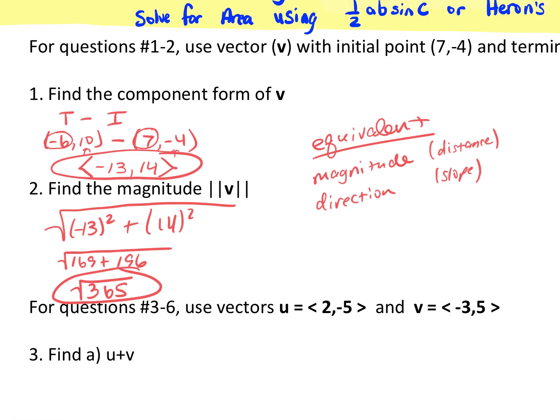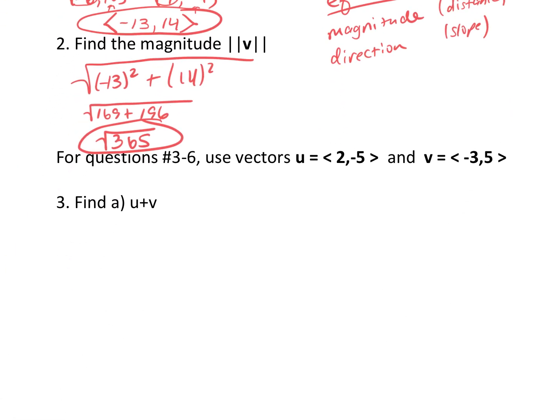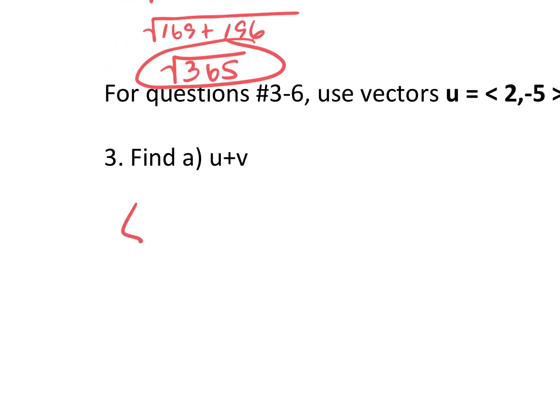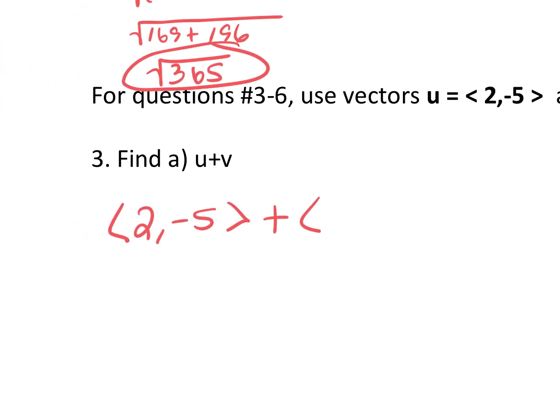All right, now, when we did this in A period, a lot of people were asking, how do you know if you're going to get one answer or if you're going to get a vector answer? You only get one answer, guys, if all you're asked to do is the dot product. In this first question, they're asking you to do what with U and V? Add them. So this is what I need to see. Vector U is <2, -5> plus vector V is <-3, 5>.